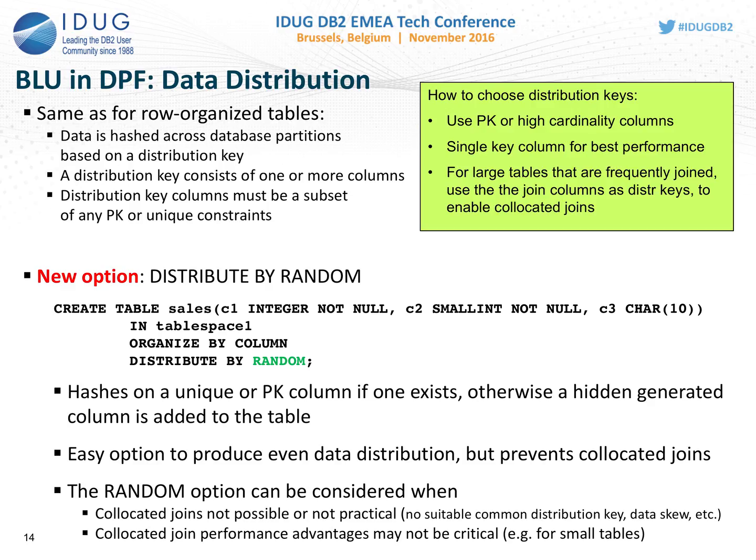There is a new option in version 11 for DPF where you can distribute data in a DPF system by saying in the table definition, distribute by random. And this is really an option for situations where you have no knowledge about your tables, no knowledge about the data that goes in and how that data will be used.